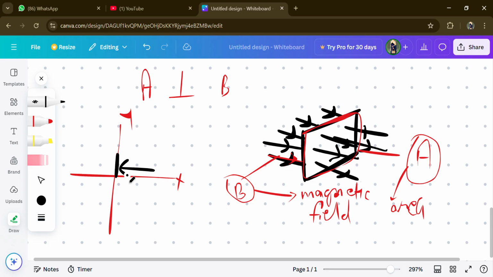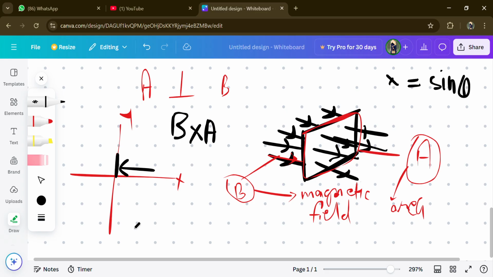Now, following up this situation, what if I say that B is being a cross product of A? What does cross product mean? A cross product showcases that the thing is in the form of sine theta.